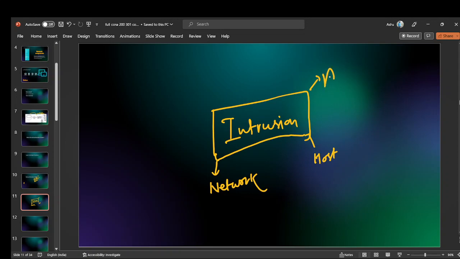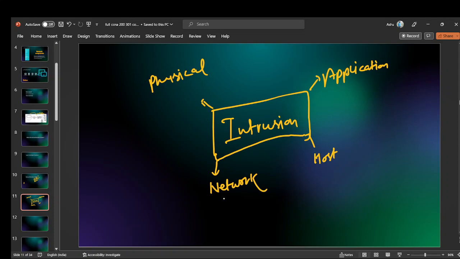Then application intrusion. Then physical intrusion. Clear? These are the common points of intrusion: network intrusion, host intrusion, application based intrusion, physical intrusion. There are many types. Intrusion can take various forms, including network intrusion, host intrusion, application intrusion, and physical intrusion.